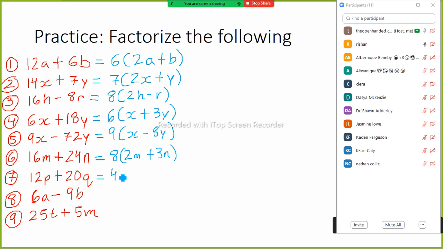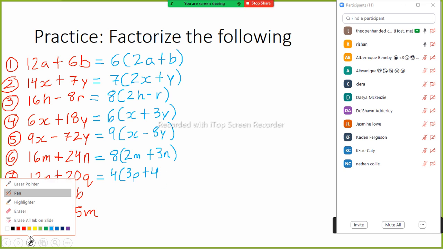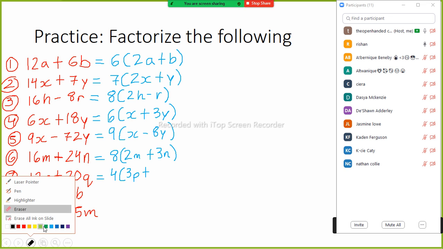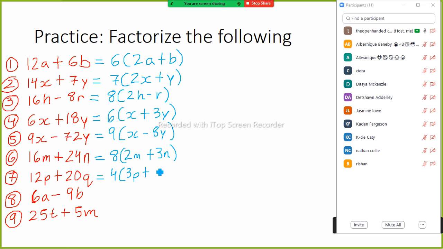No. Open brackets. 3p. 3p. Very good. Plus 4p. No, 5. My bad. 5. Very good. 5Q.